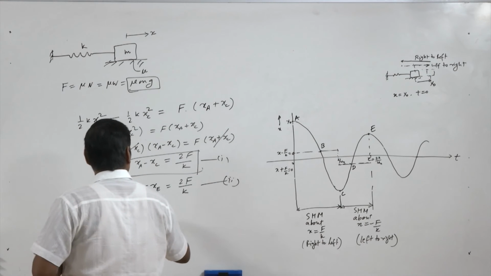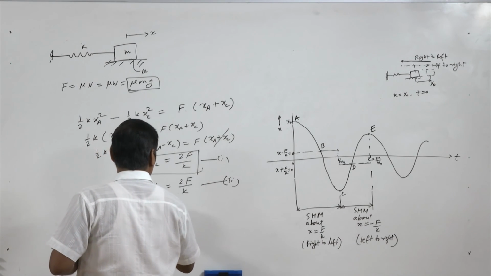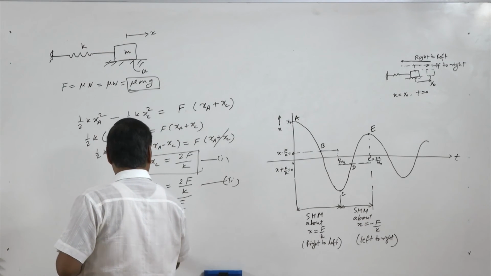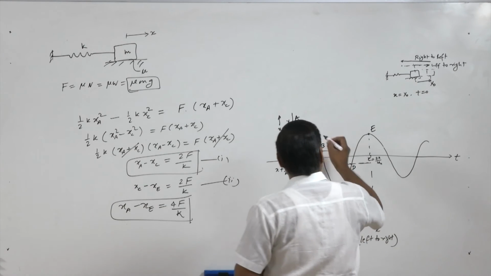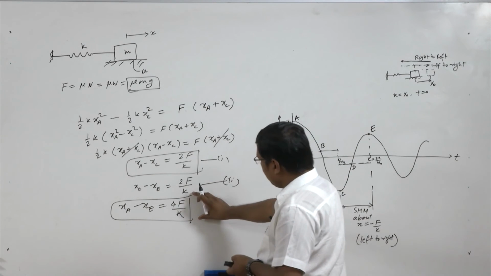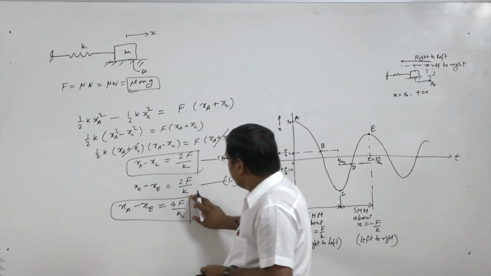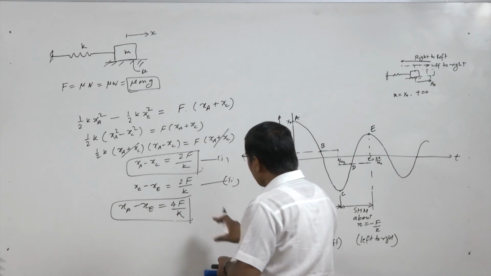Now we add these, so we will have XA minus XE equal to 4F by K. So here we see that from A to E there is a reduction in the amplitude of 4F by K, a constant quantity.